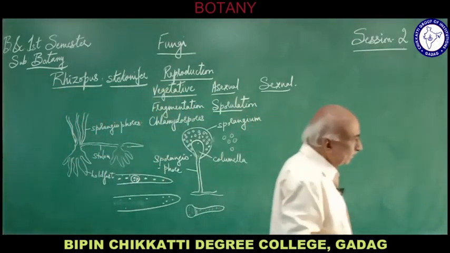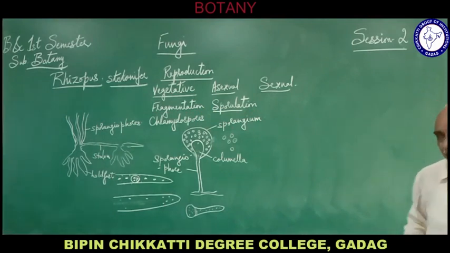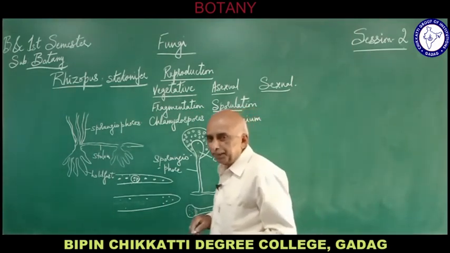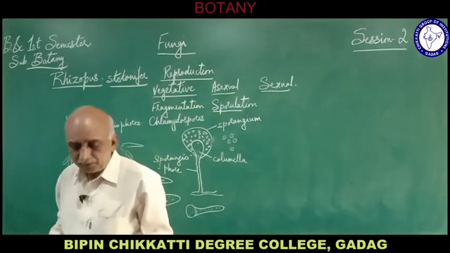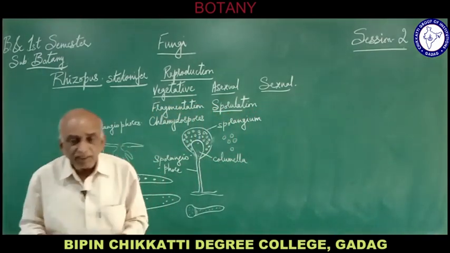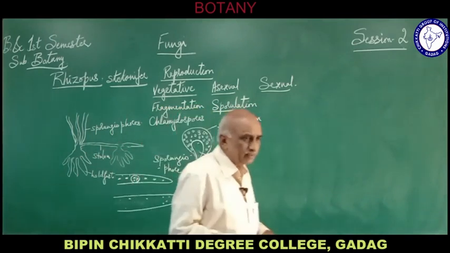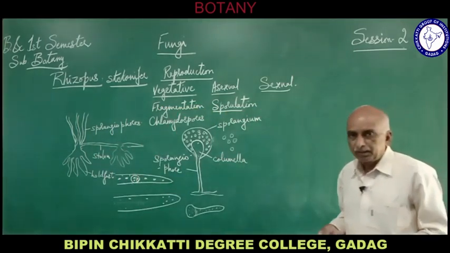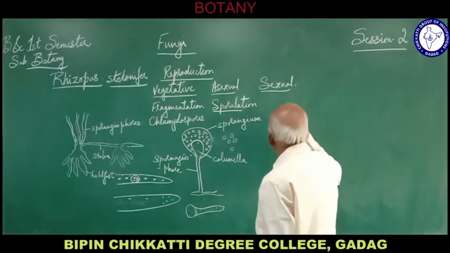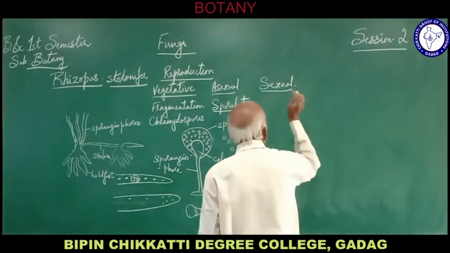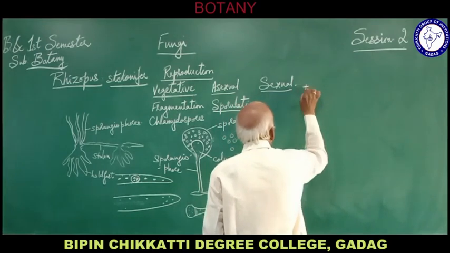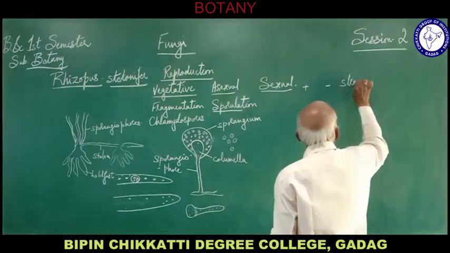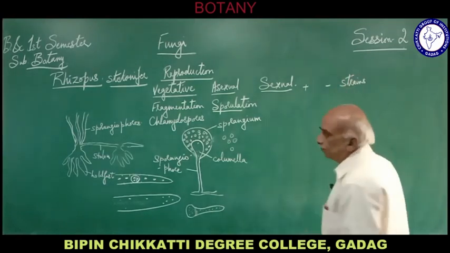Then coming to the sexual reproduction. Of course, here it is somewhat a primitive type. So we cannot say that it is isogamous or anisogamous or oogamous. It is a simple type of reproduction here. And here we come across plus and minus types of hyphae which are involved in reproduction.